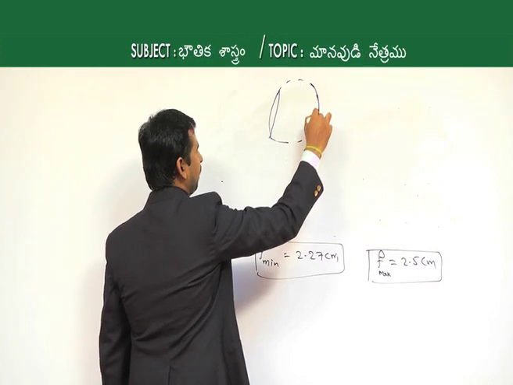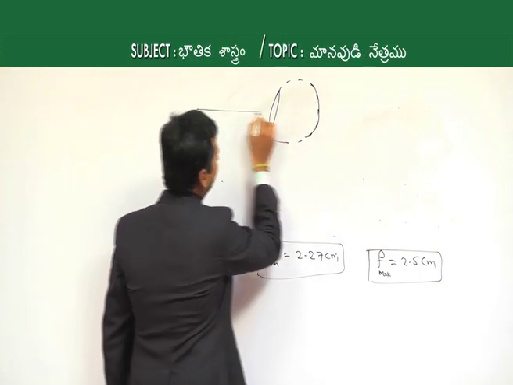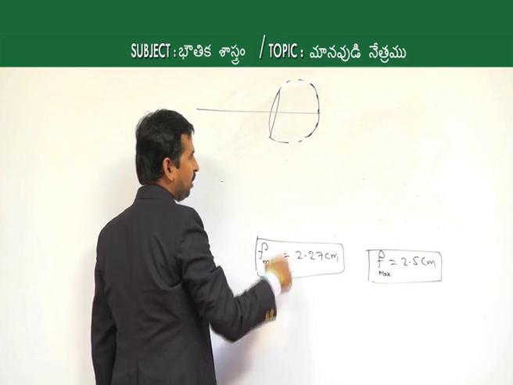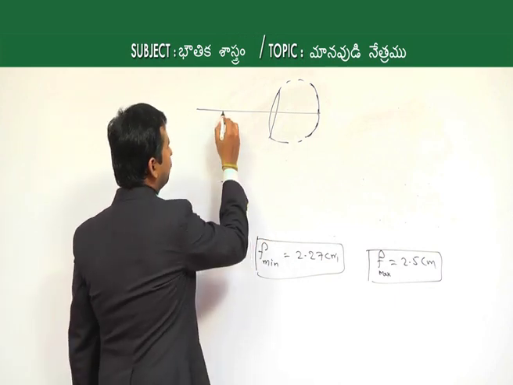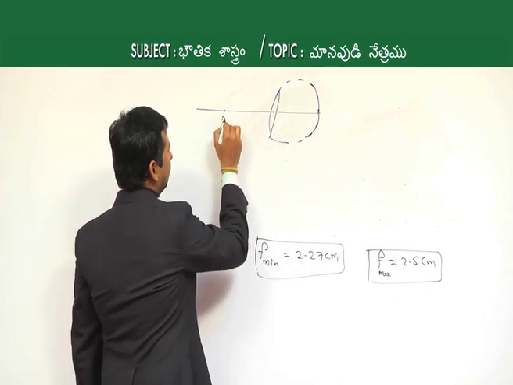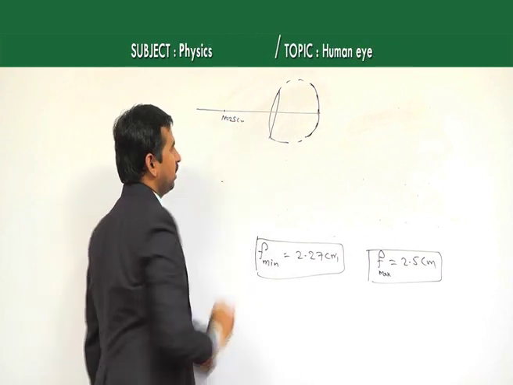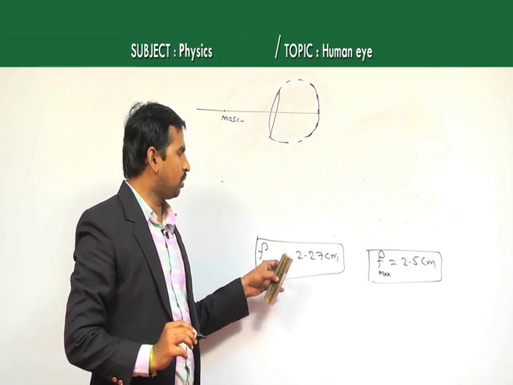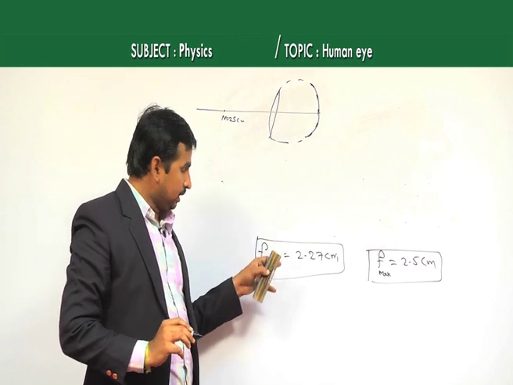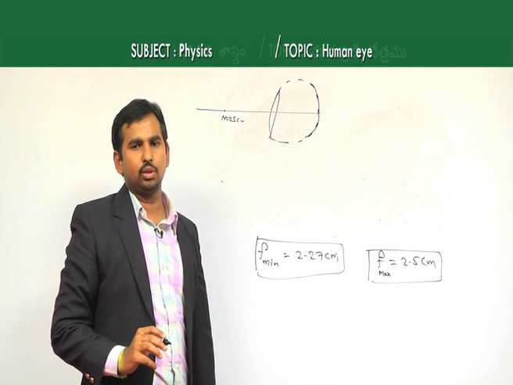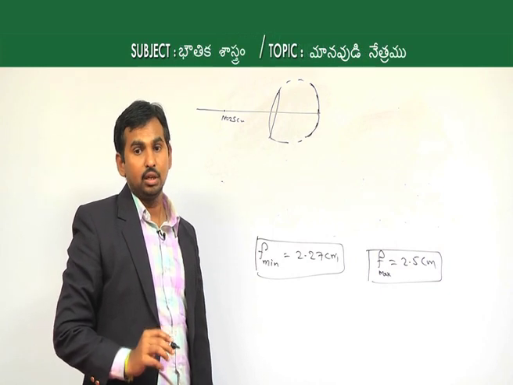First I take the minimum case, where the object is placed at the near point n, which is 25 centimeters. For n equal to 25 centimeters, the focal length required is 2.27 centimeters.